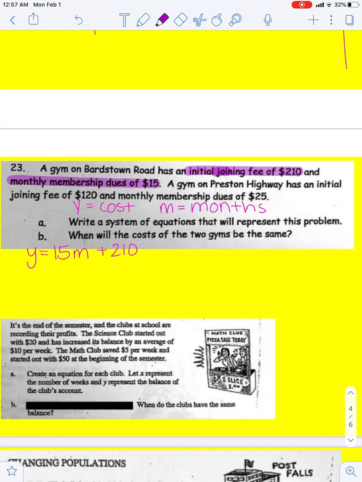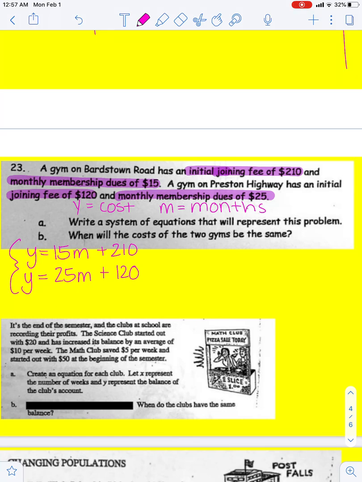So a gym on Preston Highway has an initial joining fee of $120 and a monthly membership of $25. So here the cost there is going to be $25 times the number of months plus that joining fee of $120. So this right here is your system of equations.